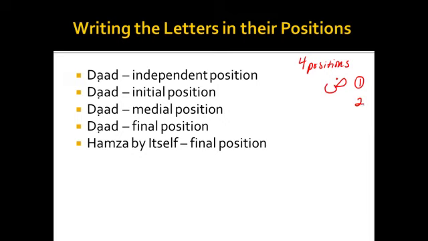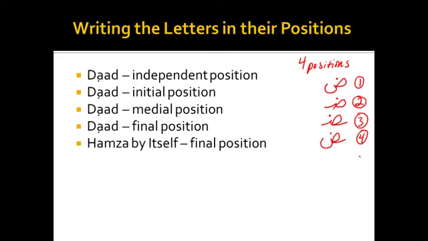Here, let's put number 2 as initial position. It's a teardrop, but we have a dot there. The medial position looks the same, but with a dot. And the final position here connects and looks like that, but with a dot. So this is how we write the Daad, and as you can see, it comes in all 4 positions.